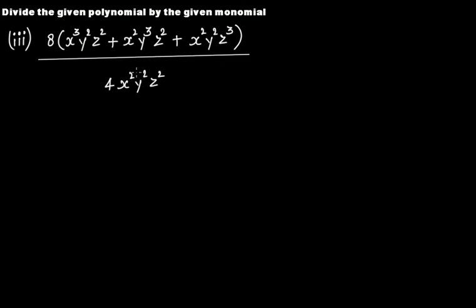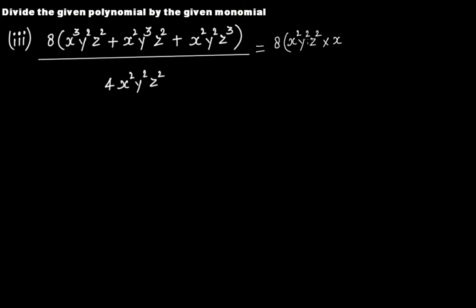If you pay attention to the numerator, you can write the first part as 8 multiplied by x squared y squared z squared multiplied by x. Why? X cubed means x squared multiplied by x, so we have just shifted x here.